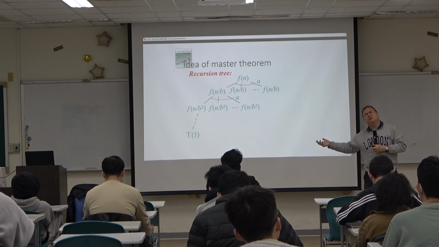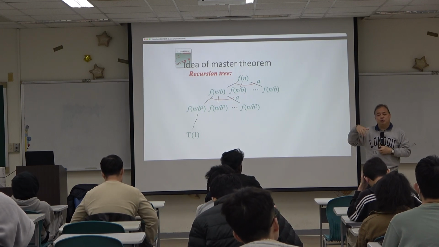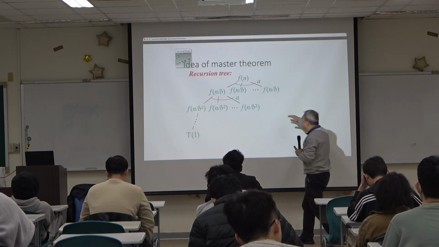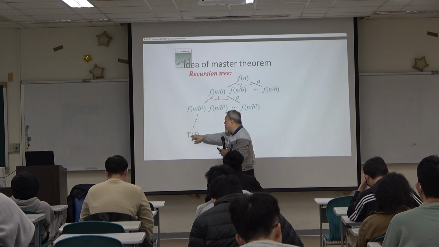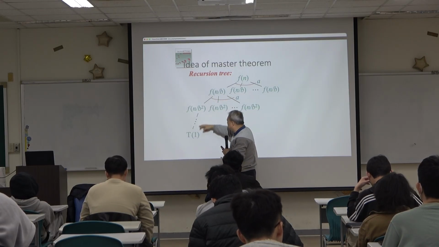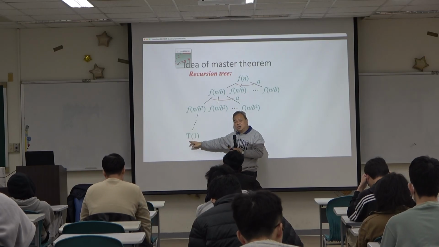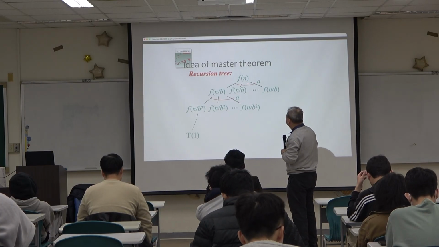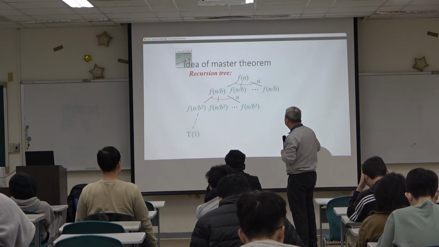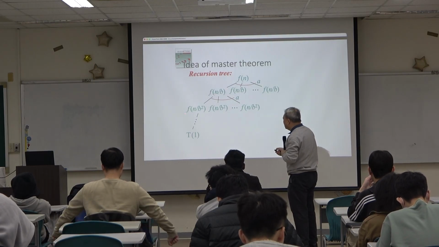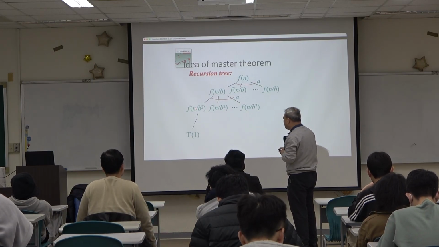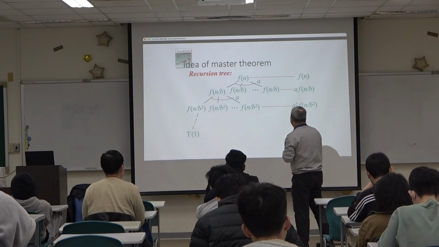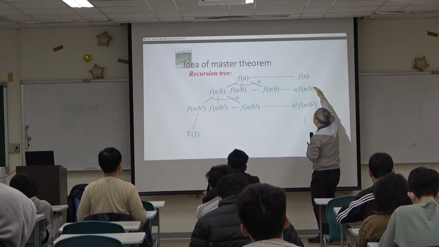When you use the recursion tree to explain the master theorem, eventually it will shrink to 1, right? So you have f(n), and at the next level a number of f(n/b), and at this level a number of f(n/b squared), and so on. The first one is f(n).